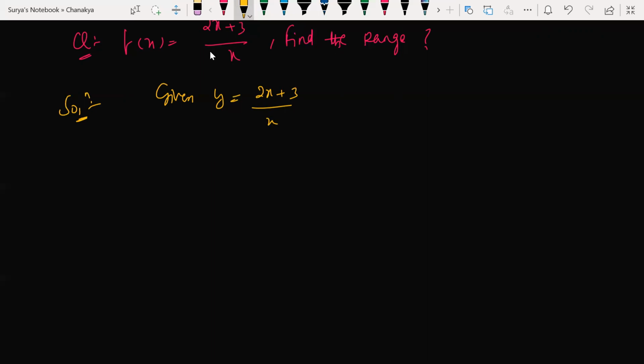So 2x plus 3 is equal to xy. Correct? So 3 is equal to xy minus 2x. So taking x common, y minus 2 is equal to 3.